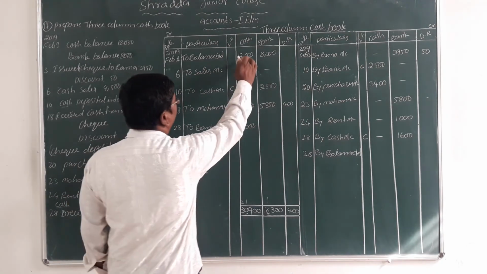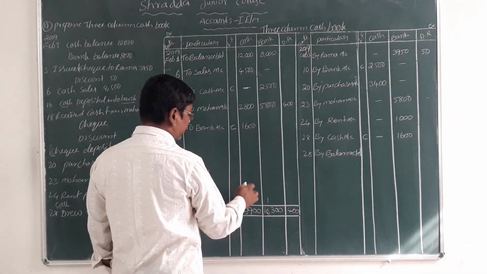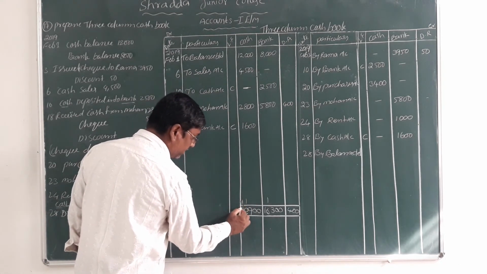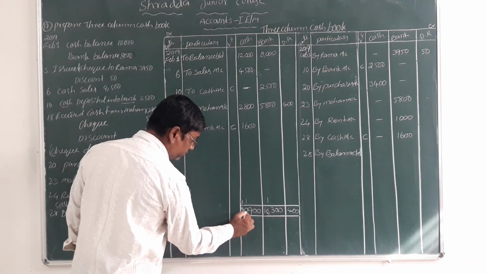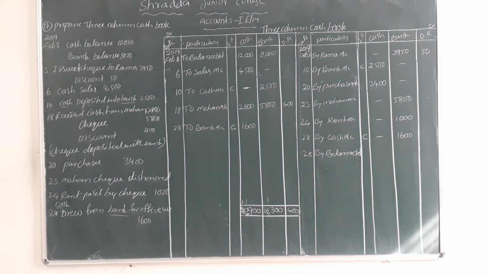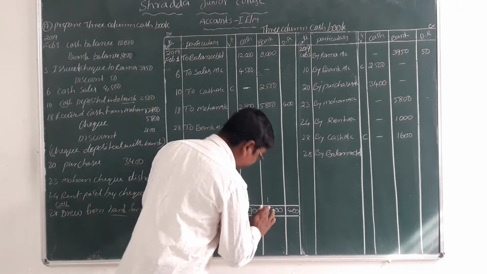Yes friends. 20,900 rupees is the cash amount and 16,300 rupees is the bank amount. Okay now, let us take 16,300.